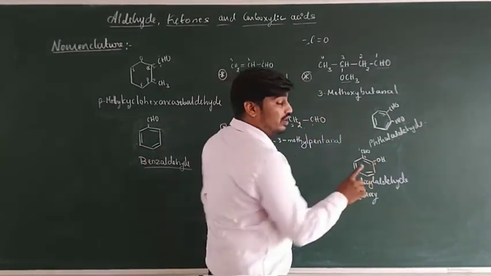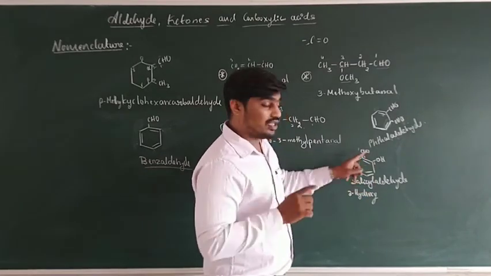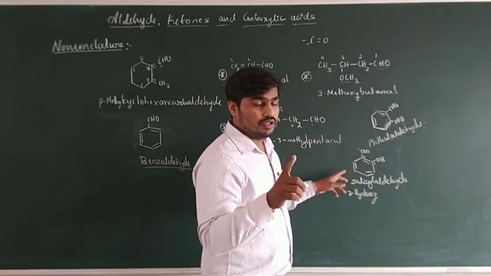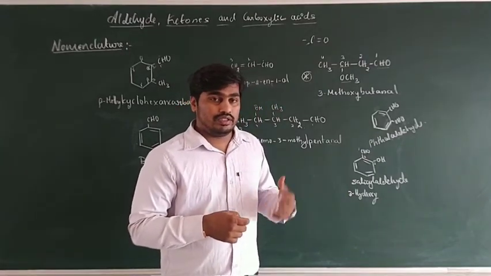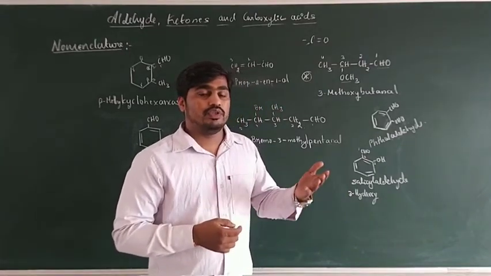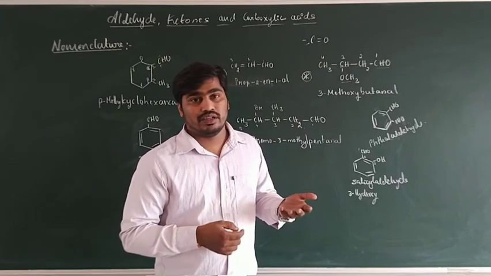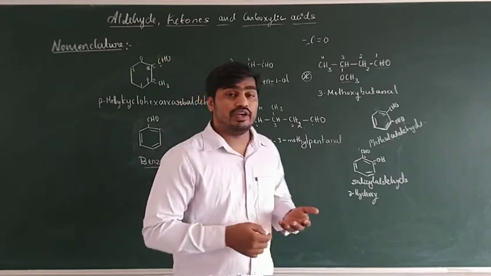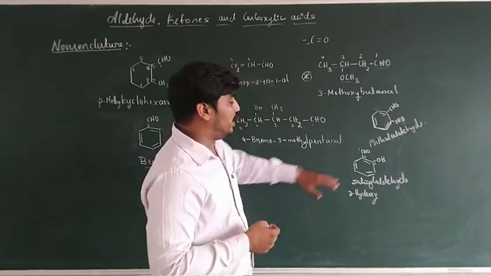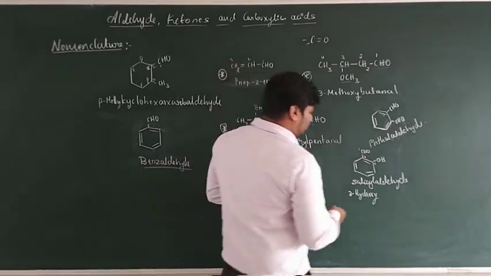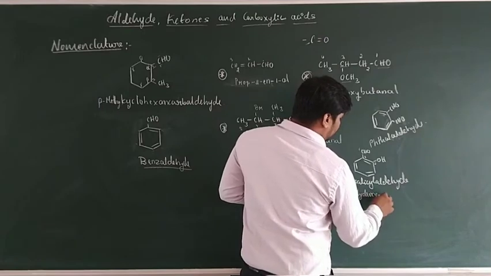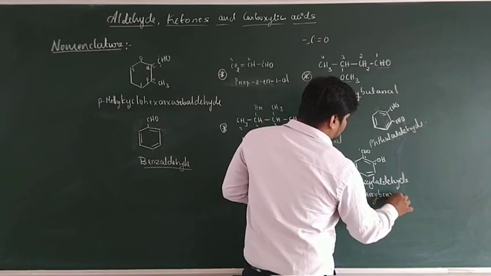Hydroxy is a lower priority, aldehyde is a higher priority functional group. Just observe your first year notebook and recall once again which one comes first and which comes last. What is the priority of the functional groups? Aldehyde has higher priority compared to the alcoholic group, so 3-hydroxy benzaldehyde.